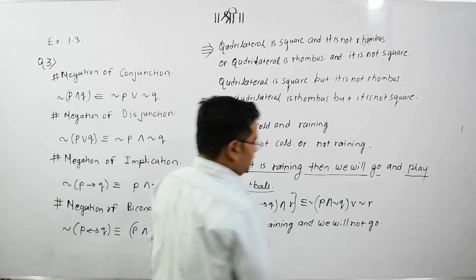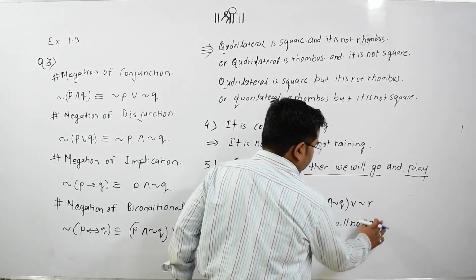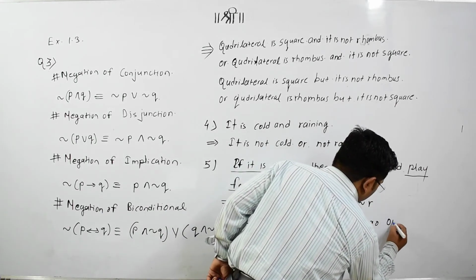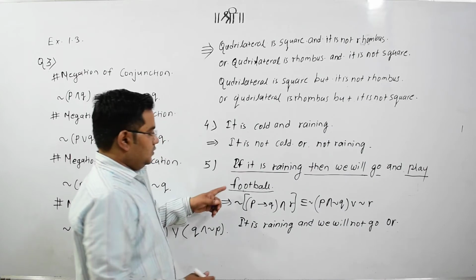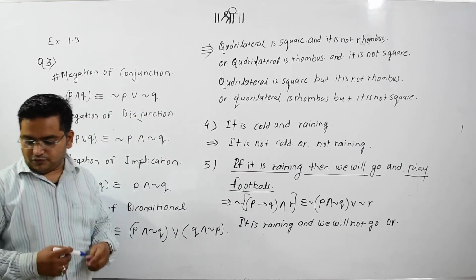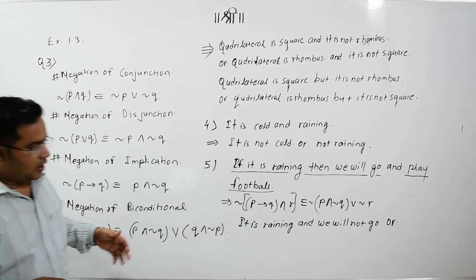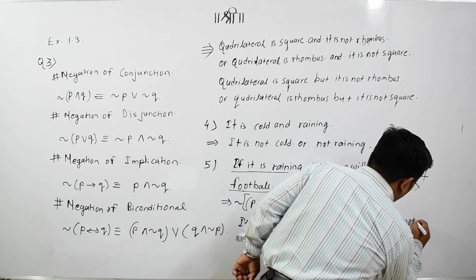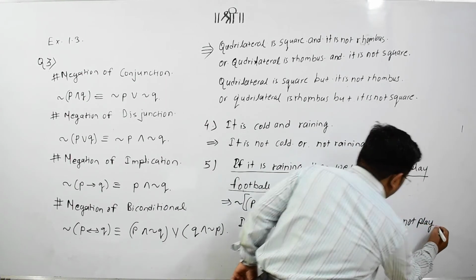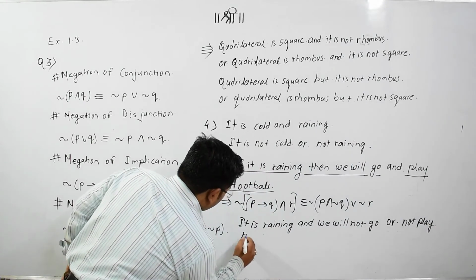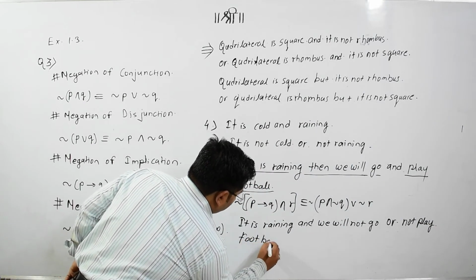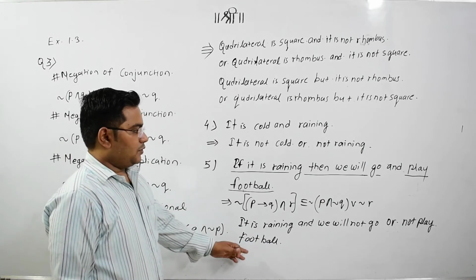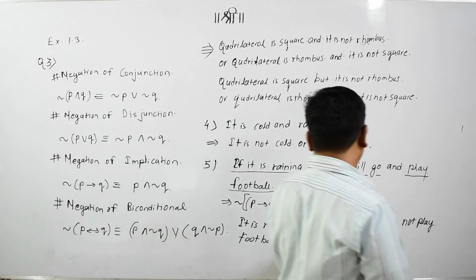Now what is our next step? Or what should it be? Play football or not play football. That's it. Or not play football. Look at it properly. How exactly are we performing this?